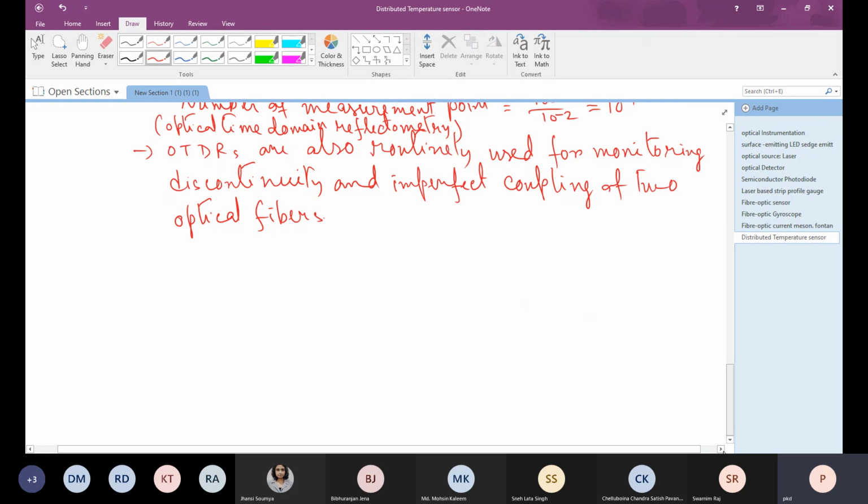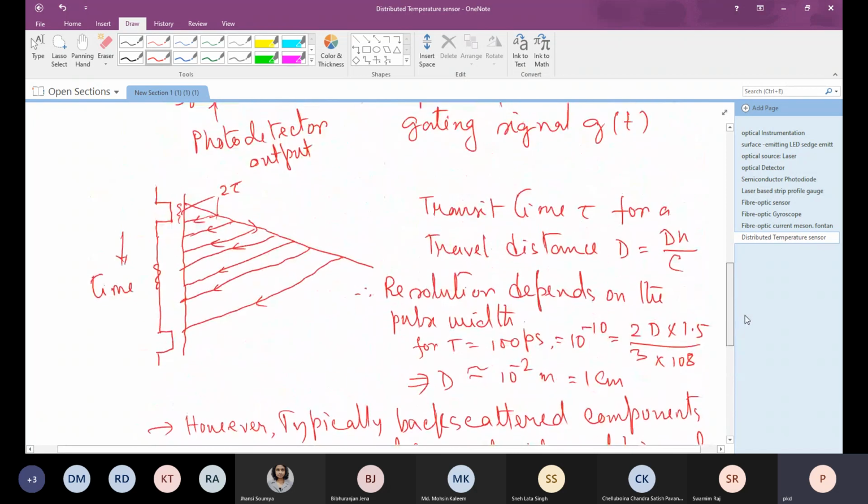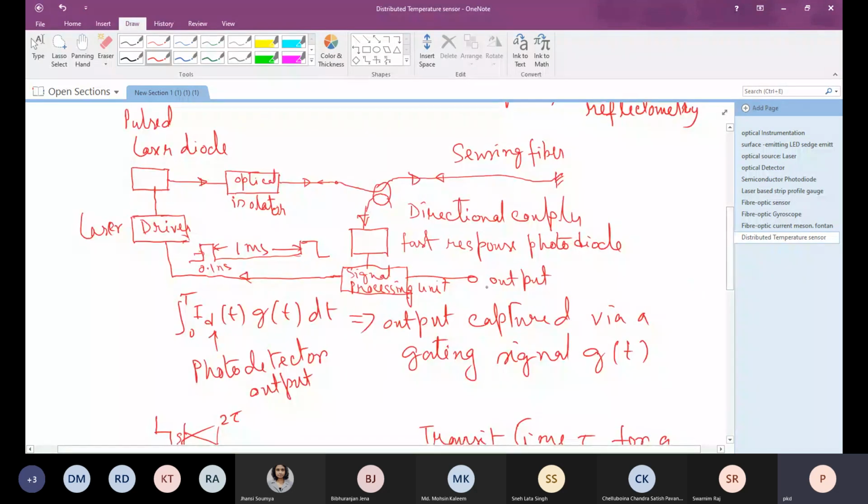So that is about this distributed temperature sensor. Now there could be several variations of this method and a little bit of complicated arrangements could be there, but this could be the simplest kind of arrangement where the temperature sensitivity will be 5 degrees, 10 degrees or so.